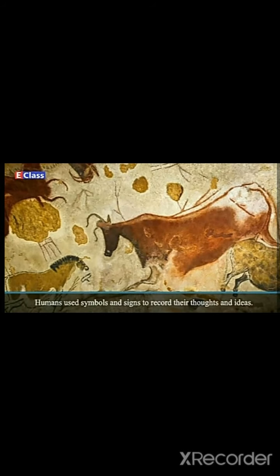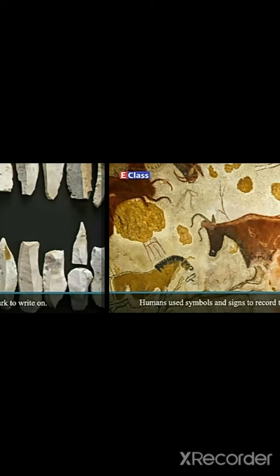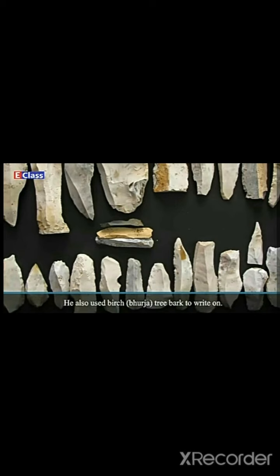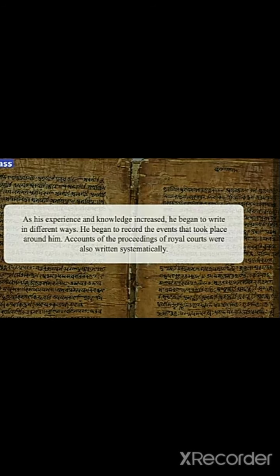Here, pictures of wild animals are painted and many symbols and signs are given, so that way man expressed his emotions. With pointed objects like these, man used to write on potsherds. He also used the birch or bhurja tree to write on.